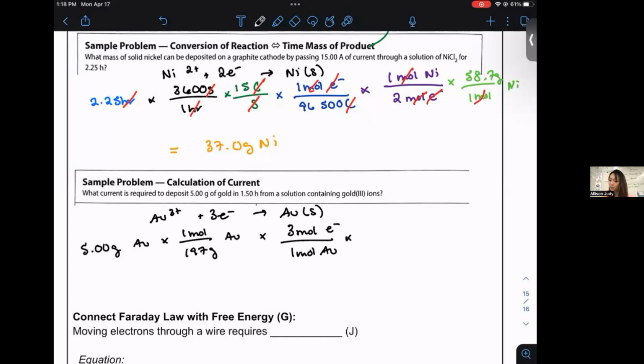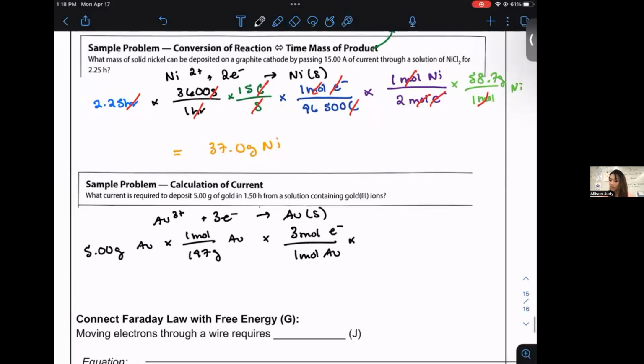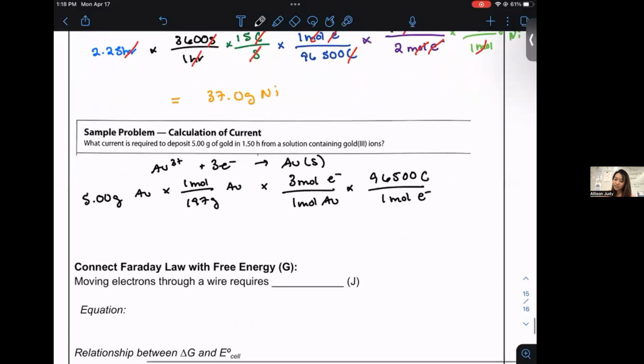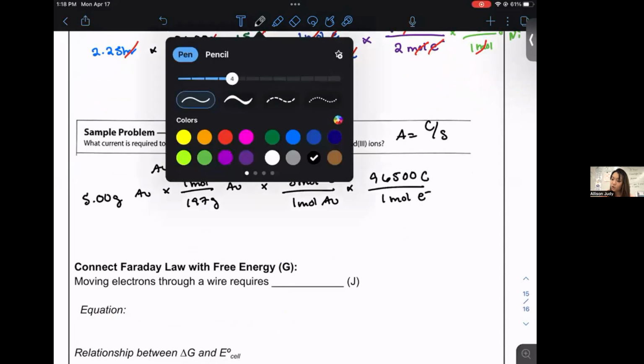From moles of electrons, you go to coulombs, times Faraday's constant, 96,500 coulombs for every mole of electrons. Then I need to get to amps, and amps is coulombs per second. That's my end goal, so I have to get to seconds.